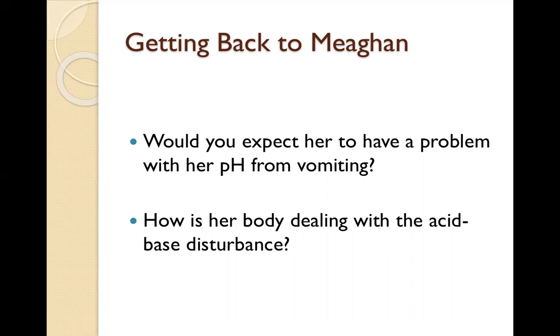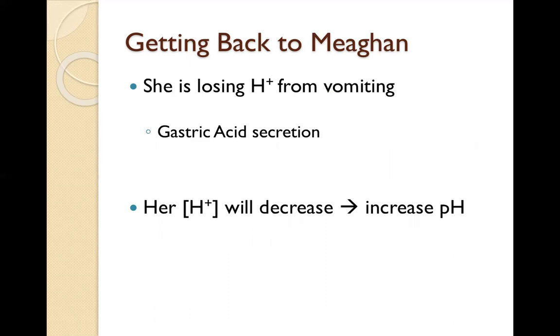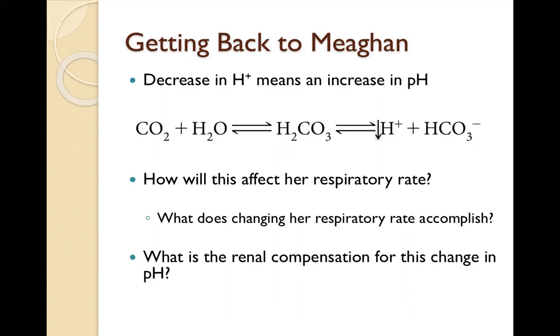So how her body would deal with this acid-base disturbance is, yes, with the buffer. Yes, we're going to use the ventilation, but she's losing that acid secretion. So number one, that decrease in H plus is going to be buffered. Actually, it's going to drive the reaction to the right, and our CO2 is going to go down because we have a lower H plus.